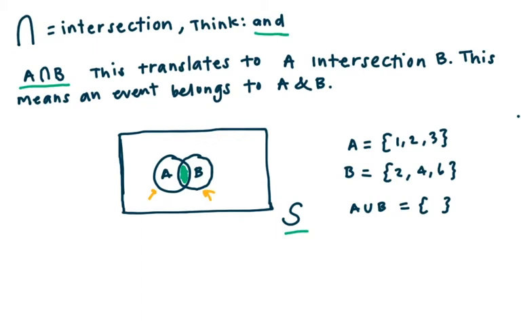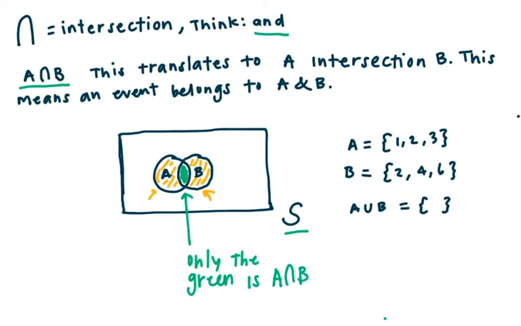Because this part of A, which I'm shading in yellow, is that intersecting with B? No. And is this part of B intersecting with A? No. So the only part that's the intersection is this green part. So only the green is A intersection B.